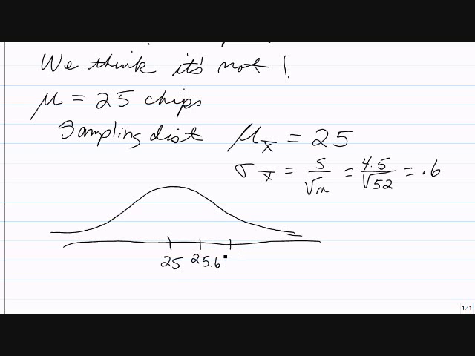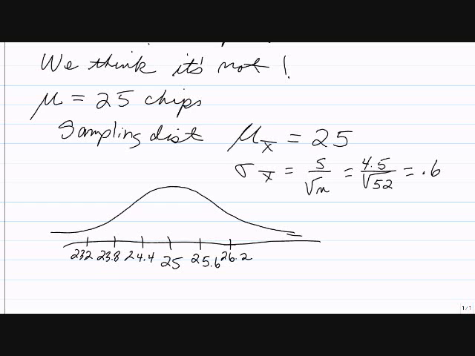Two standard deviations above the mean would be 26.2. One standard deviation below the mean would be 24.4. Two standard deviations below the mean would be 23.8. Three standard deviations would be 23.2, etc., etc., etc.